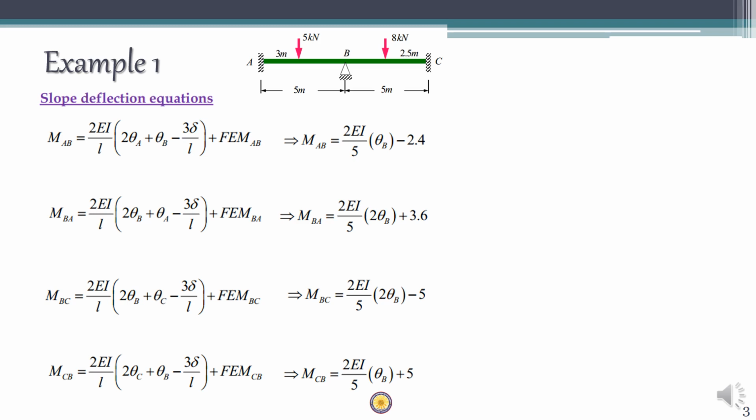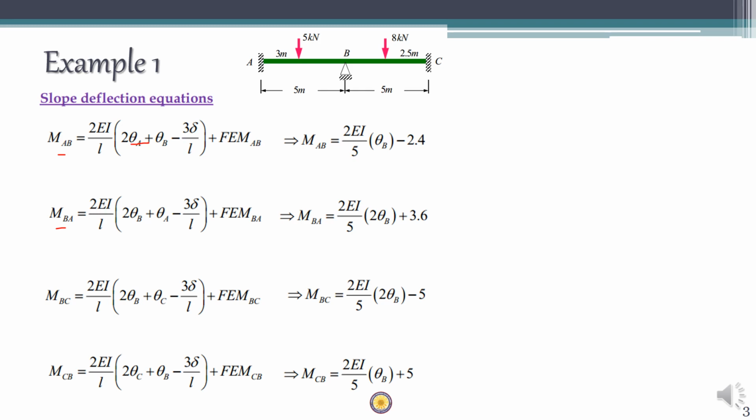First we will take span AB and write down MAB and MBA. MAB is equal to 2EI by L into 2 theta A plus theta B minus 3 delta by L plus FEM AB. So MAB is equal to 2EI by L into, theta A was 0, so that becomes 0.